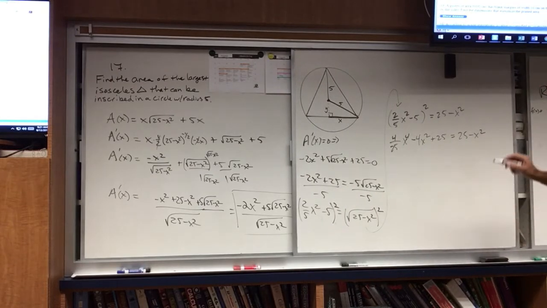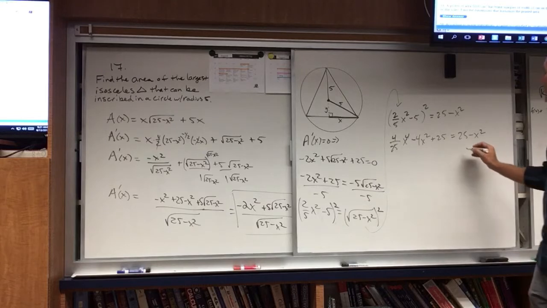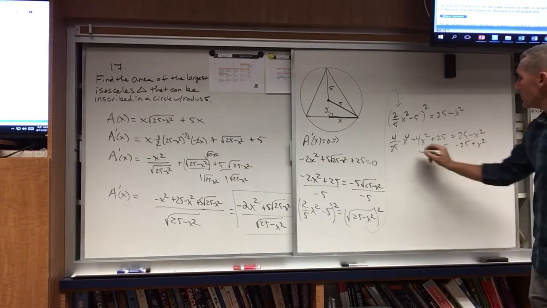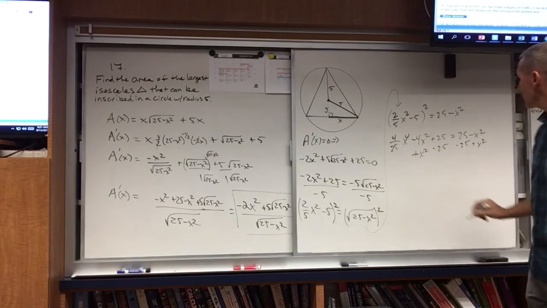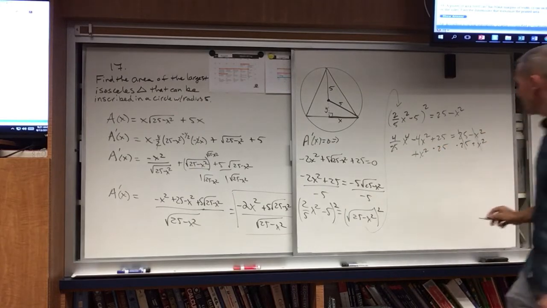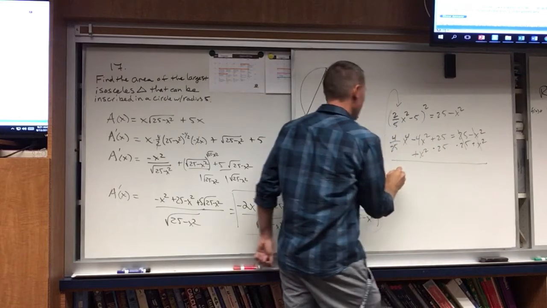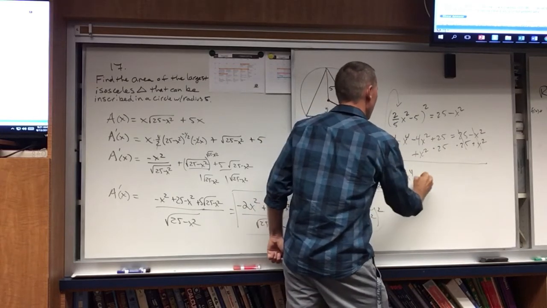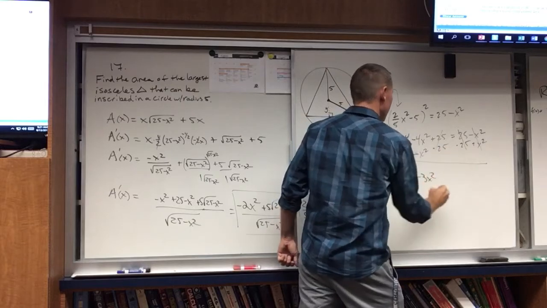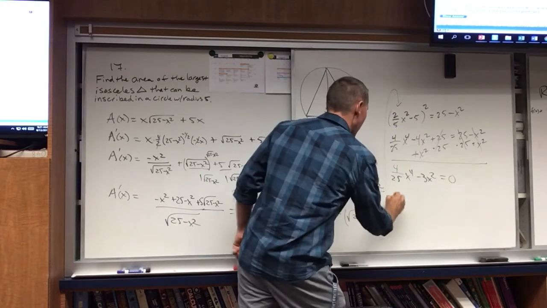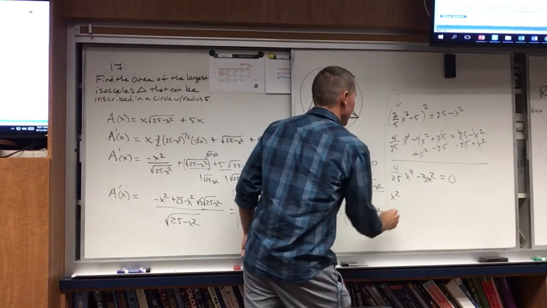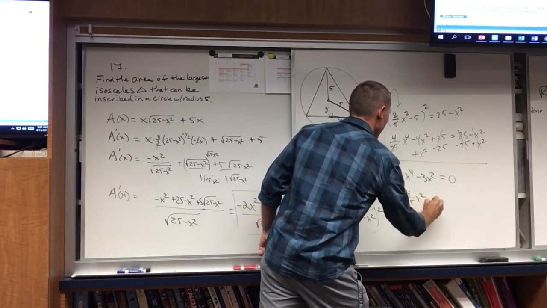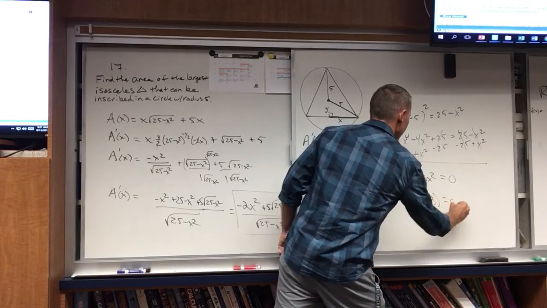And so for this, I'm going to subtract 25 from both sides, add x squared to both sides, and that leaves me with 4 over 25 x to the 4th minus 3x squared, those cancel out, is equal to 0. So x squared times quantity, 4 over 25 x squared minus 3 equals 0.